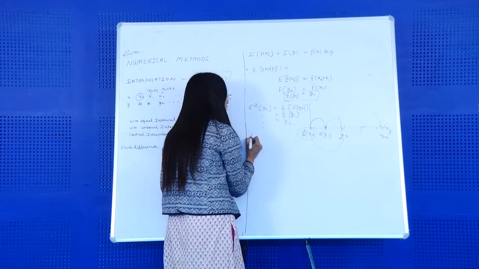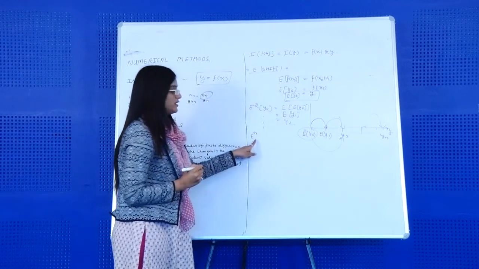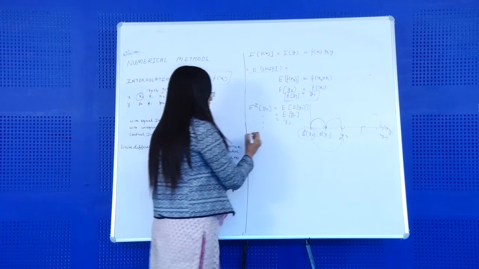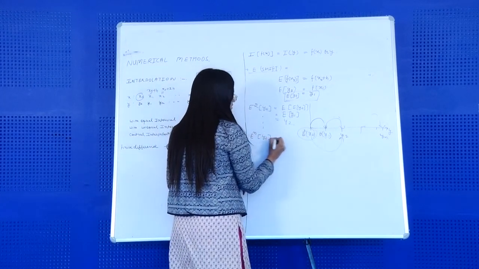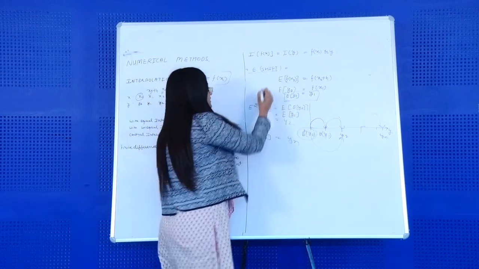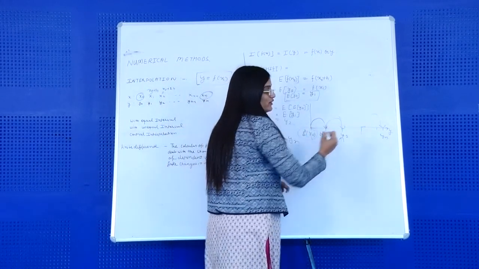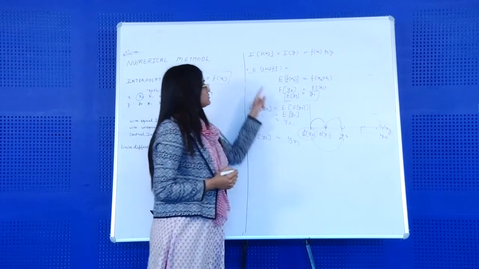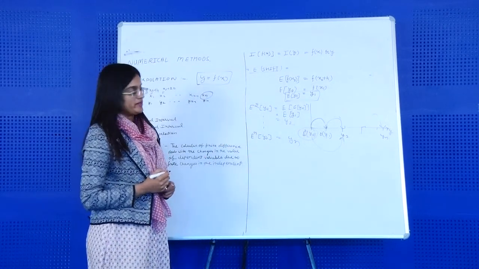In general, E raised to power n, the degree of E, on y0 gives the yn value, and because it gives the forward direction increment, that's why it's known as a forward shift operator.